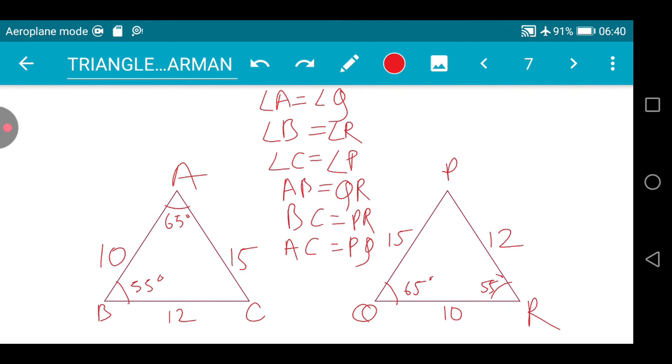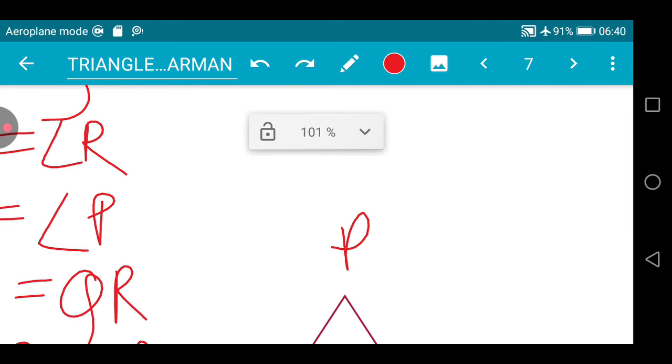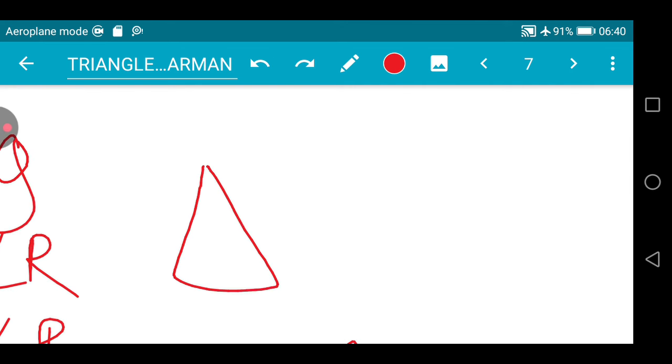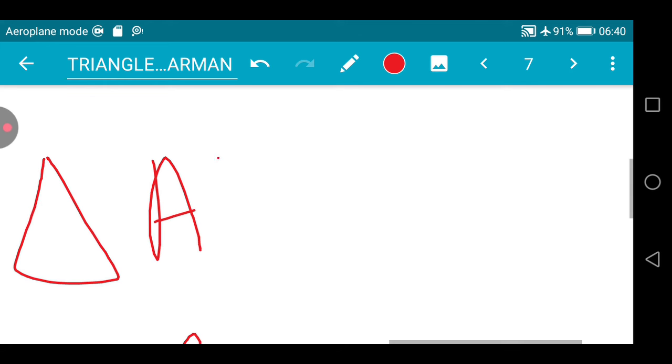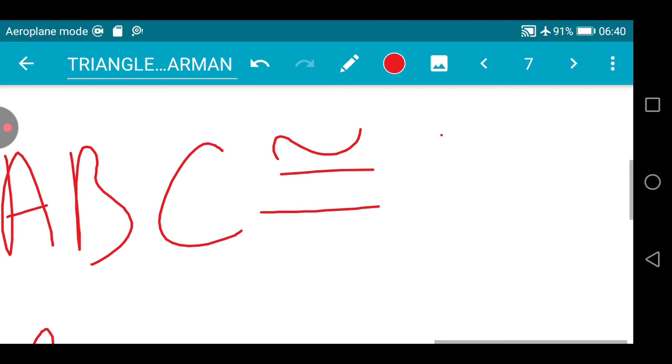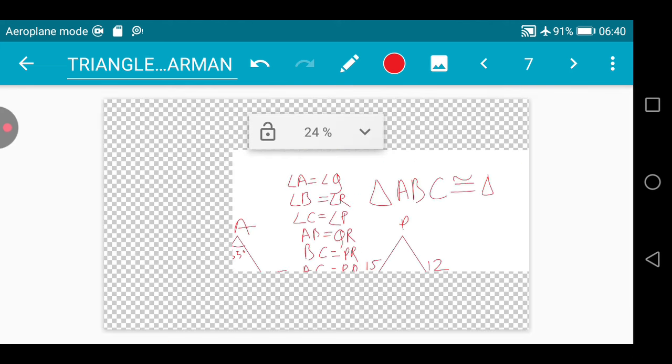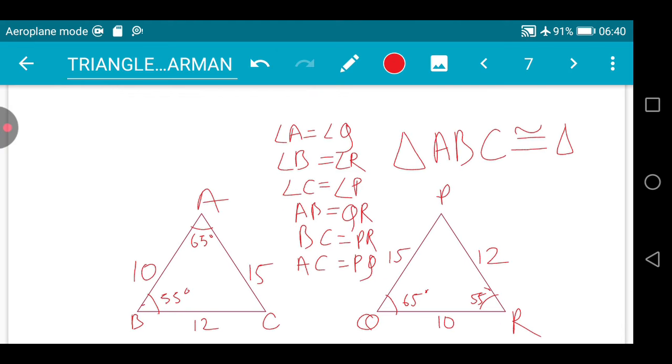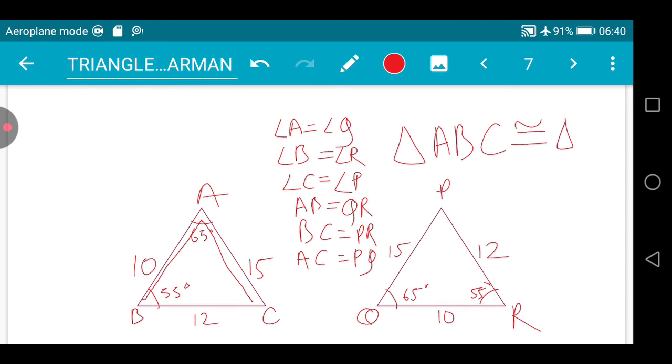So what will we write here? We will write triangle ABC is congruent to triangle. How are we getting here? First we are getting 65, then P. So what will we write?